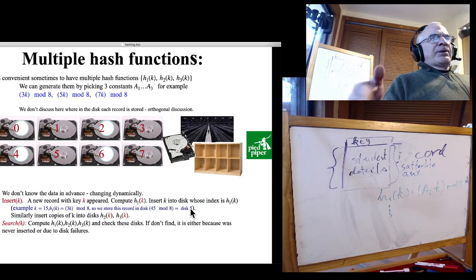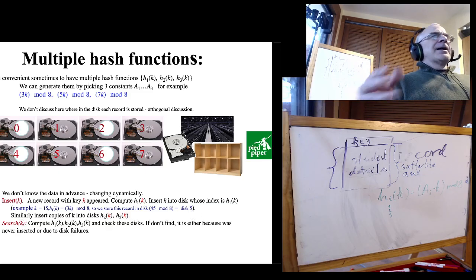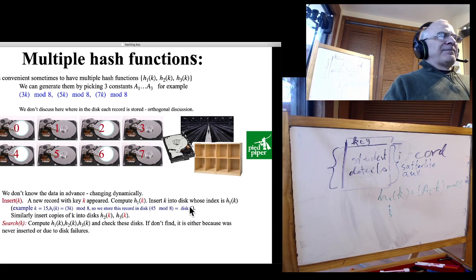What's the cool thing about the hash function is that if the keys are random enough, or at least not designed by some vicious adversary, then the chance that I'll store this record in disk 5 is similar to the chance that I'll store it in disk 4 or 3 or 2 or 0. Each disk has the same probability to be hit if my hash functions work well.